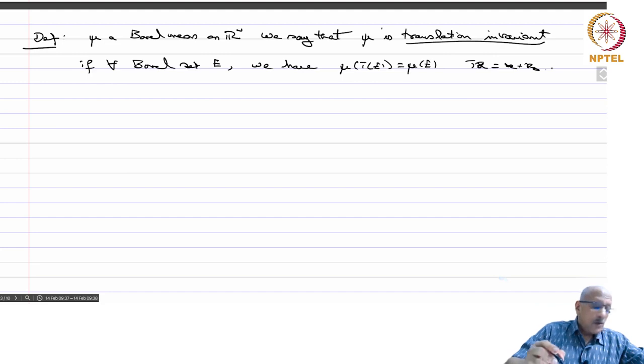Okay, so now the Lebesgue measure is translation invariant.